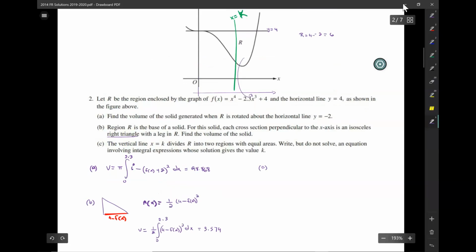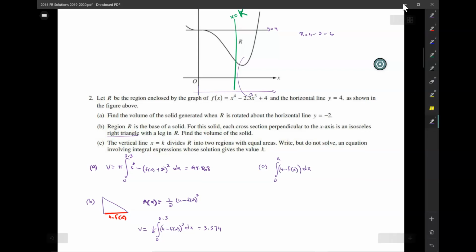One is the integral from 0 to k, and this is equal areas, right? And what we said was the area of this region is 4 minus f of x dx. Now, this is area. It's just y1 minus y2.